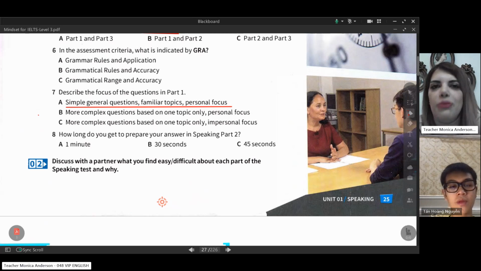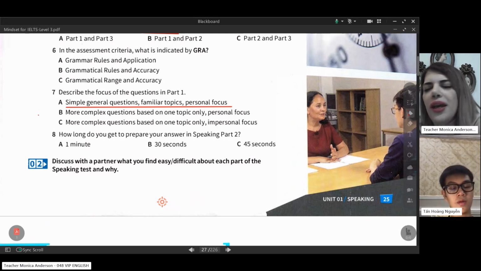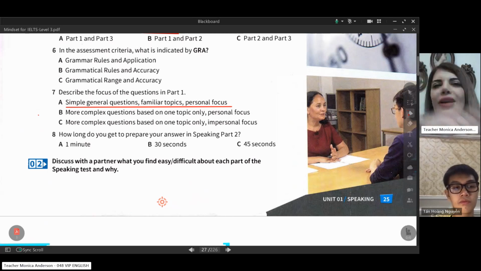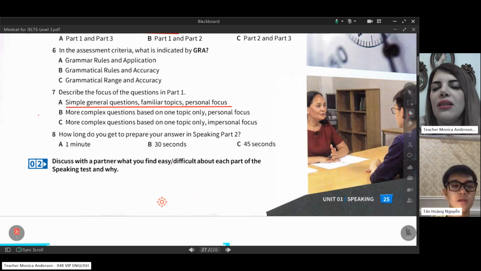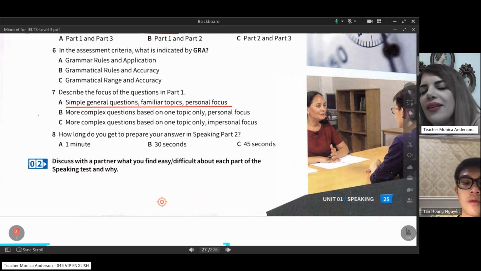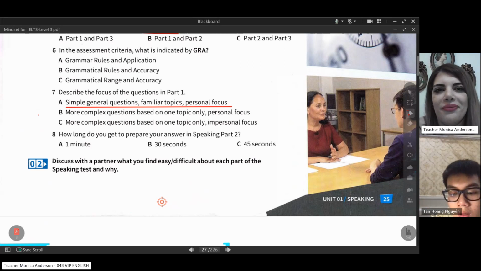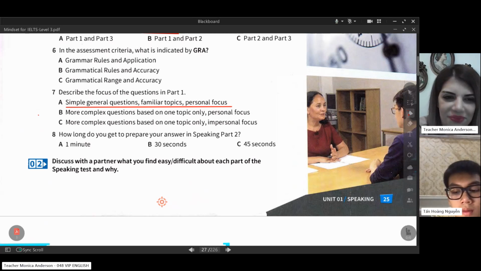For example, in writing practice, we give more than 20 minutes, maybe half an hour to write, but it's not IELTS, we're just preparing. In IELTS, you have 1 minute, and after that, you need to start talking. But this is your school, this is practice, so no matter.